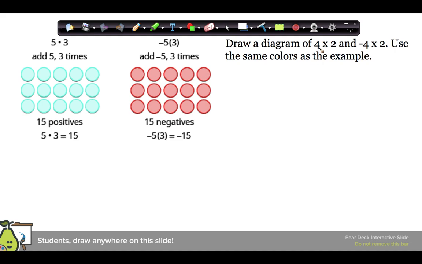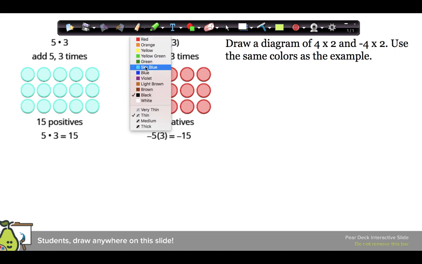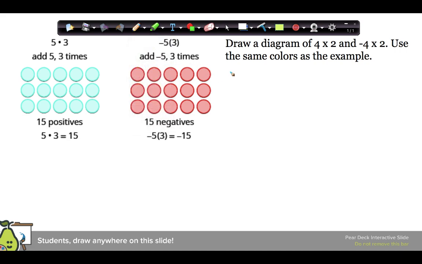So when you go to Pear Deck, you're going to make a 4x2 and a negative 4x2 looking just like this, trying to even use the same colors if you can. So I'm going to use a blue, and I'm going to make 4 times 2, and that's going to be 2 rows of 4. There's one row of 4, and there's another row of 4. So this is 4 times 2, which is 2 rows of 4.